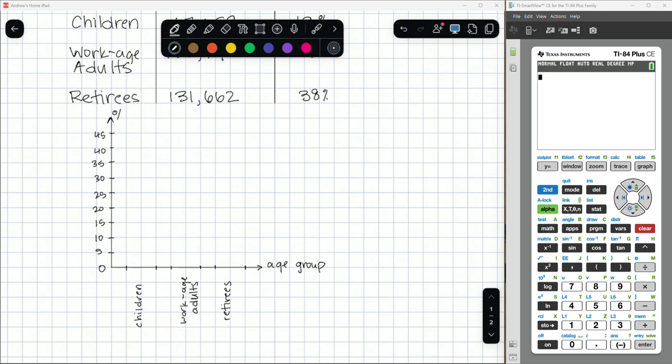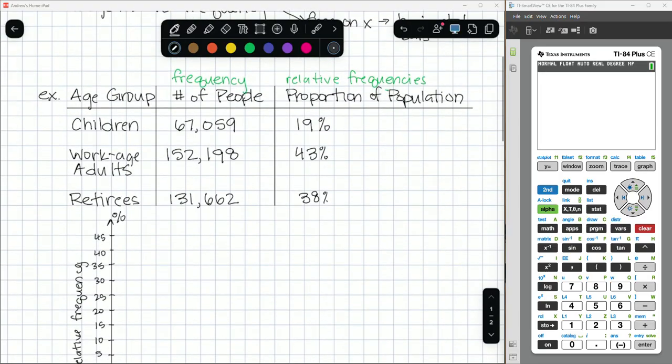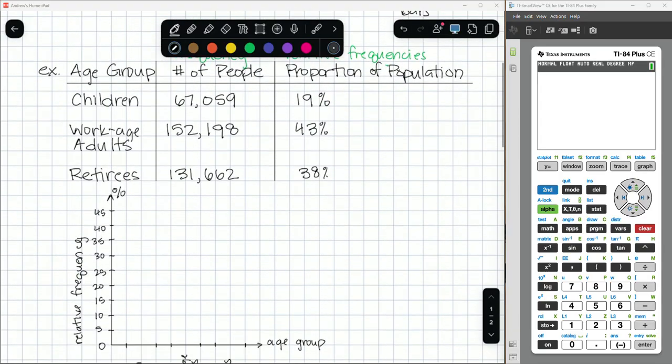I'm going to put percent up here because this is a percentage that I'm plotting on the axis, and that percentage represents the relative frequency. You could also write the title of that column, which in our table was proportion of population. That would be another acceptable label.